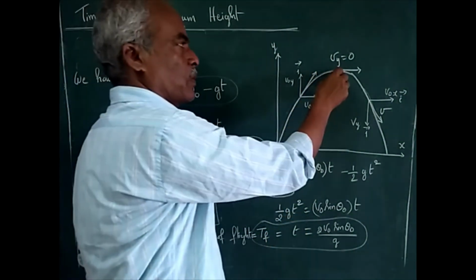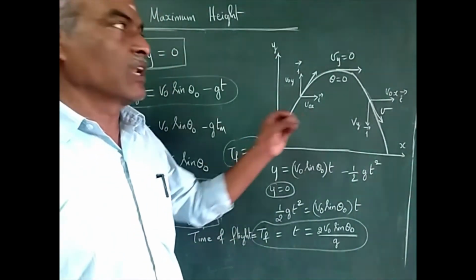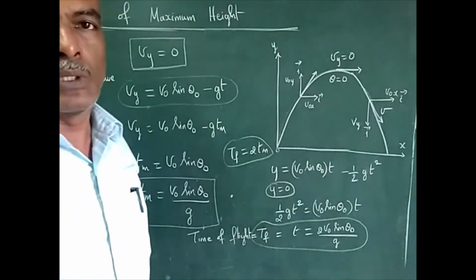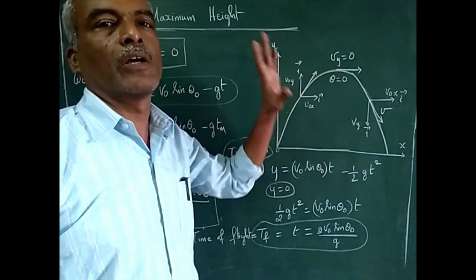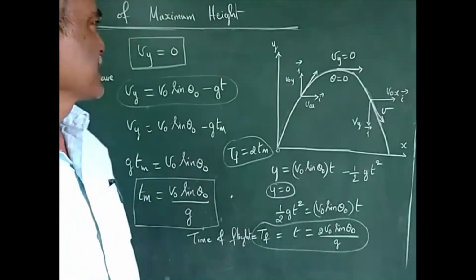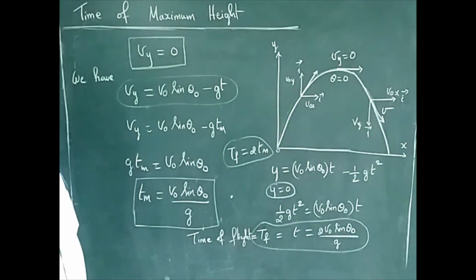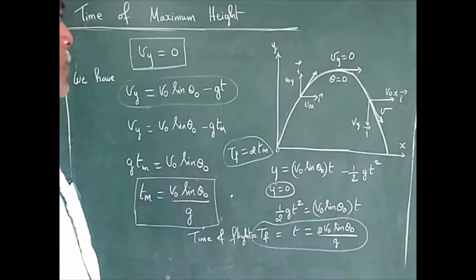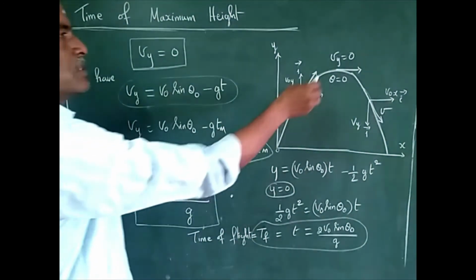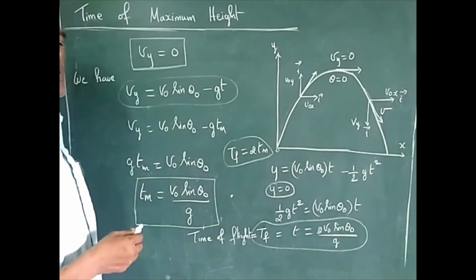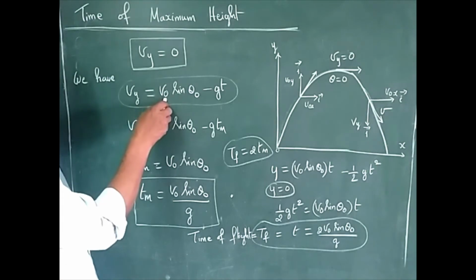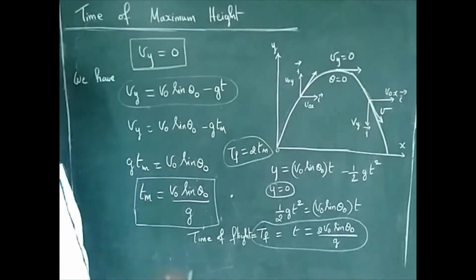So at this point the velocity is 0, Vy is equal to 0, and that is the condition to find out the maximum height. Okay, so we know that Vy is equal to 0 at this point, but we have the basic equation also, Vy is equal to V naught sin theta naught minus gt.